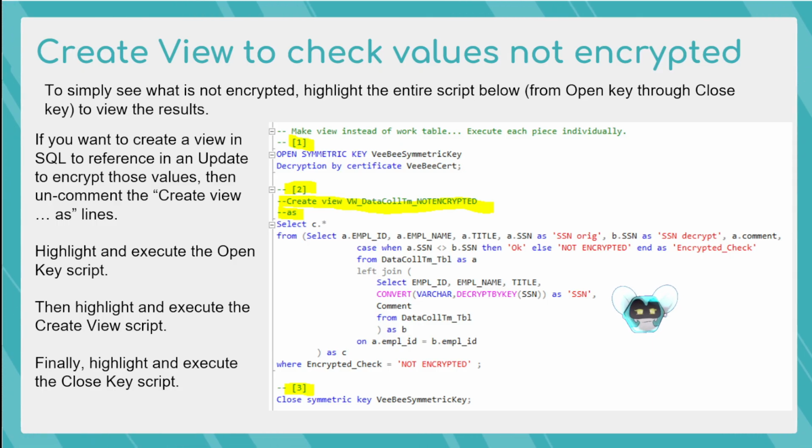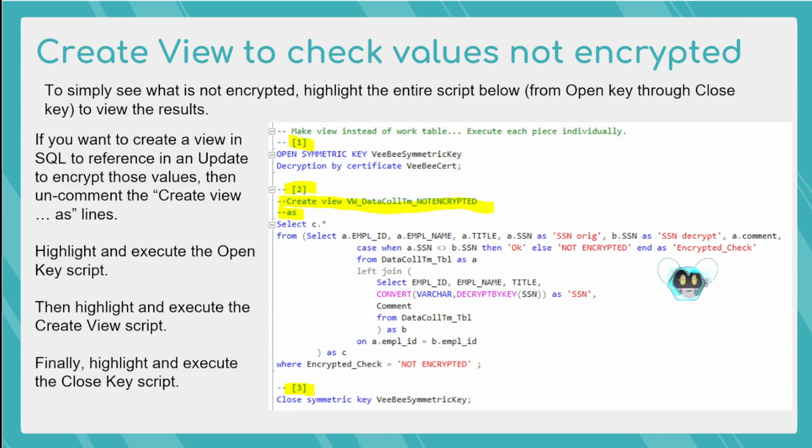So if the values don't match, that means that the original data is encrypted. If both values match, meaning there's no difference whether the data is encrypted or decrypted, if they are exactly the same, then that means that the information is not encrypted.